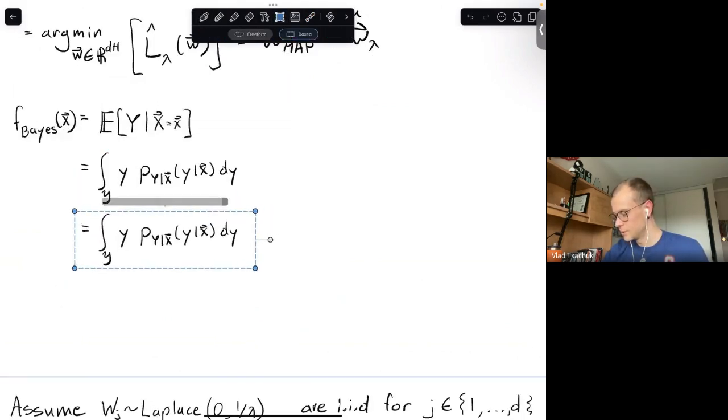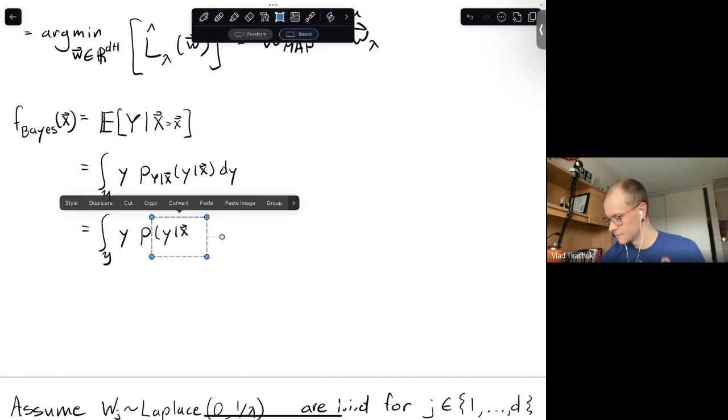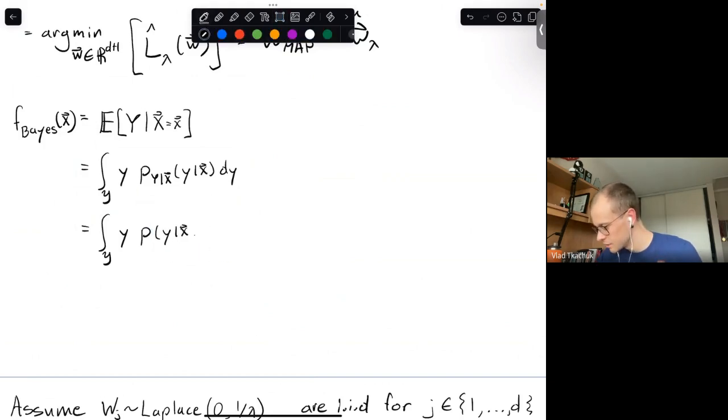If we go here, we can remove this. And now we talk about this based on W map.